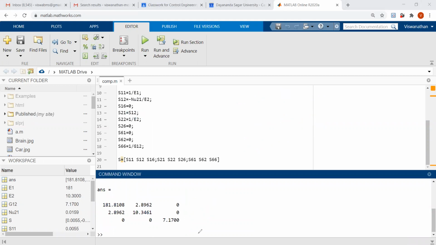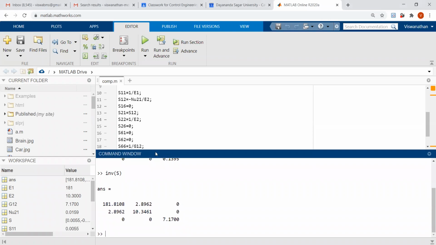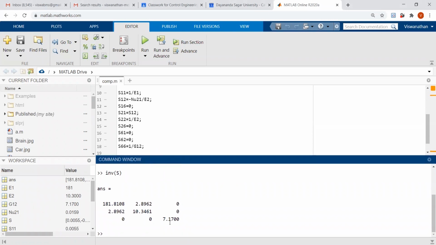Stiffness matrix. So this is the stiffness matrix. See how simple it was to just give the command inverse of S.